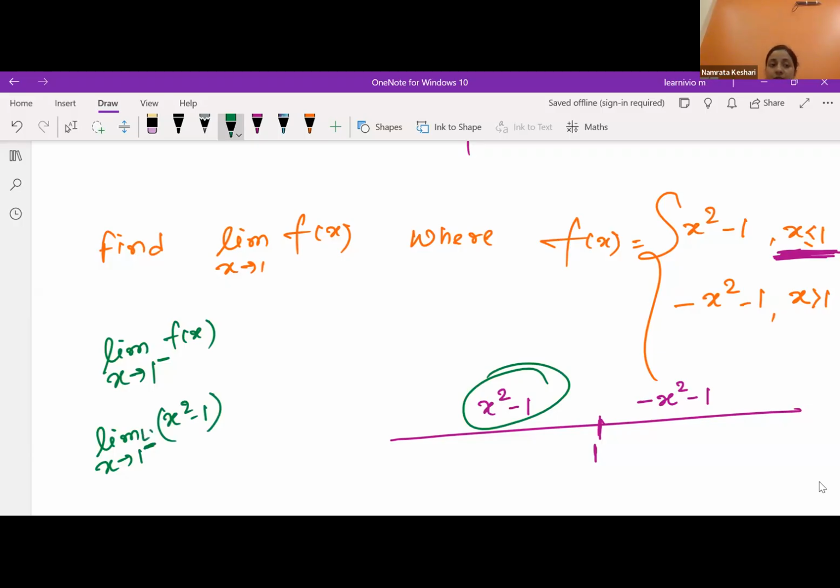So just 1, so 1 square minus 1 is 0. Is 0 allowed? Yeah, 0 can be the answer. 0 by 0 is not allowed. Making sense? Okay limit x tends to 1 from the right side.